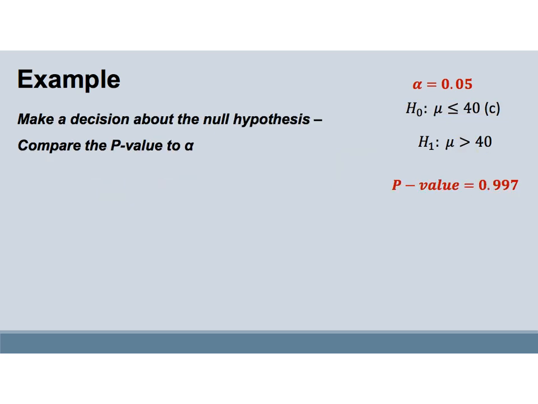Alright, so make a decision. We got to compare P to alpha. I hadn't said this before, but sometimes people do get this mixed up. The test has the P in front and then the alpha. You're comparing the P to the alpha that way. So you should always put your P value first, then your alpha, so that you're getting the correct less than, greater than for your test.